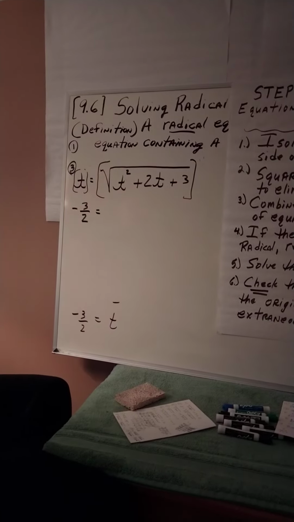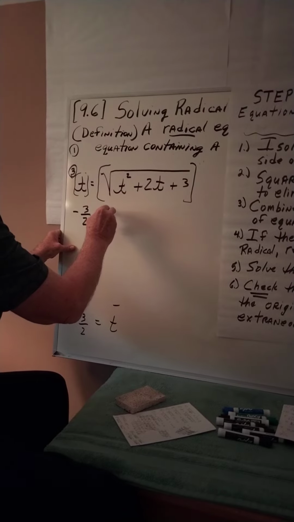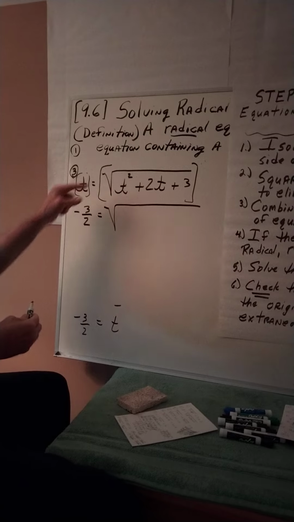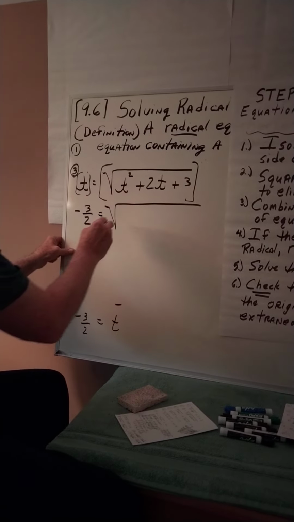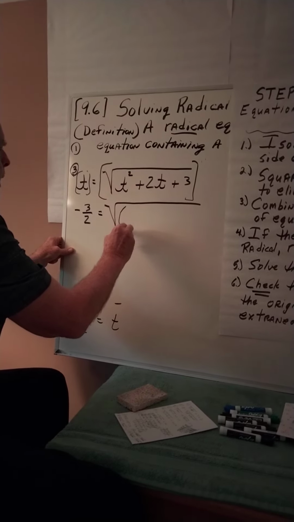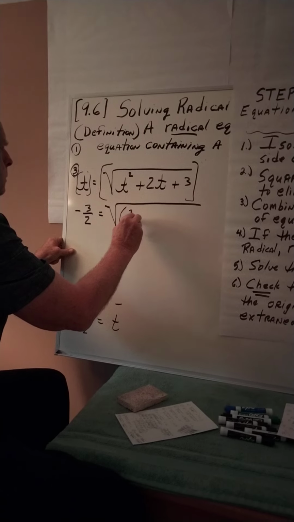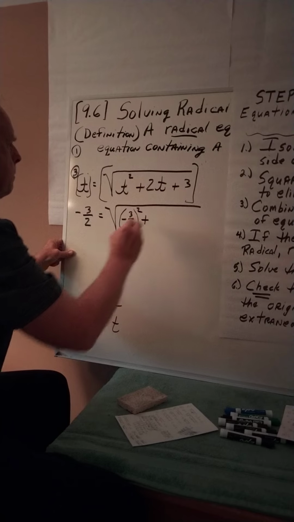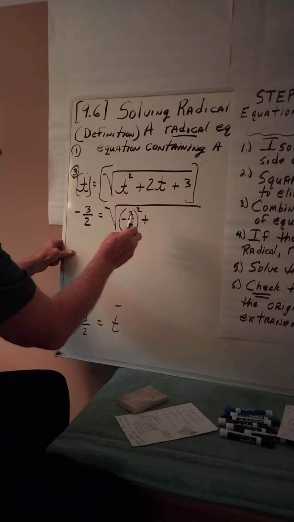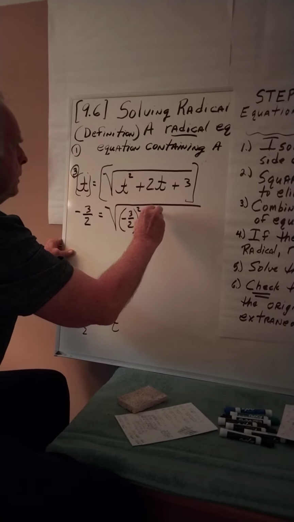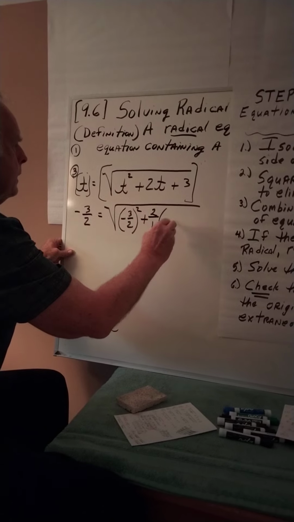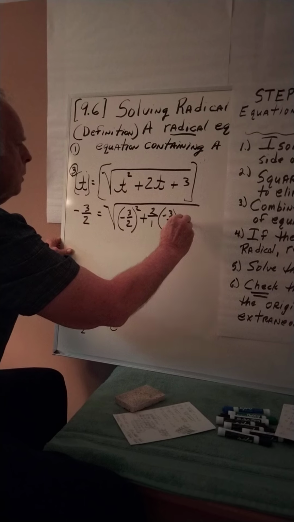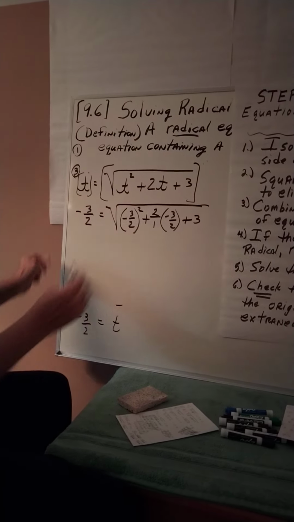And that's supposed to be equal to, on the right-hand side, t squared, a negative 3 over 2 squared, plus 2 times a negative 3 over 2. So I'm going to write 2 over 1 times a negative 3 over 2, plus 3.